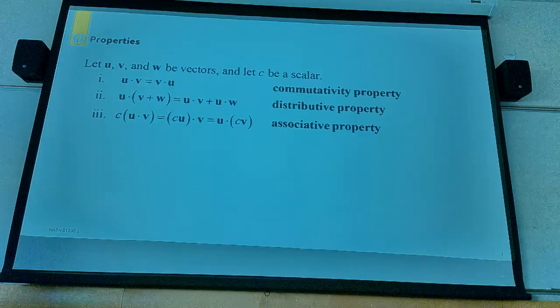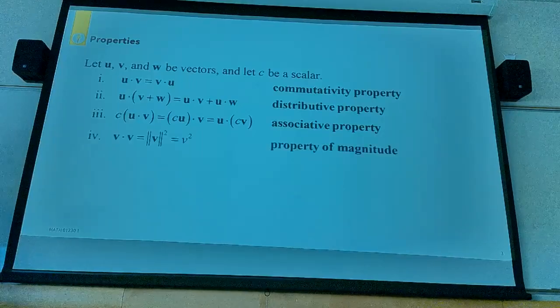This is the associativity property, so how you group the scalar multiplication is irrelevant. Again, it's a very useful property, especially when dealing with vectors with very large or very small components. And the property of magnitude: v dot v is the magnitude of v squared.